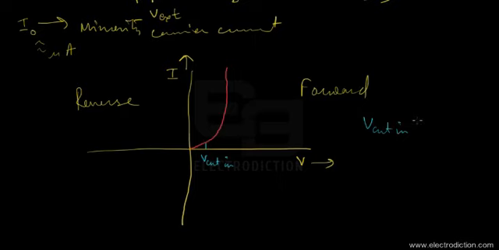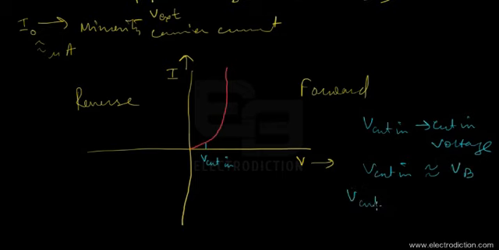The cut-in voltage is approximately similar to the barrier voltage, and the value of V cut-in is about 0.6 to 0.7 volts in case of silicon, and 0.2 to 0.3 volt in case of germanium.